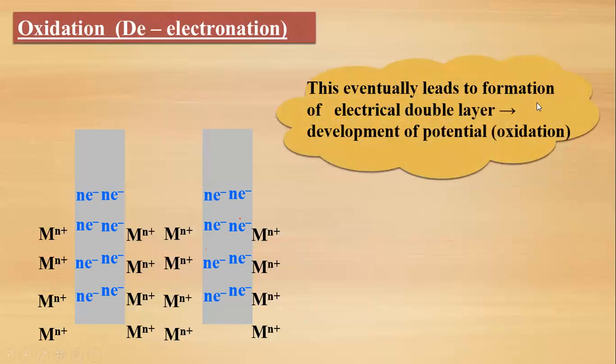This eventually leads to the formation of the electrical double layer, and the potential of oxidation develops. That's what is called what? Oxidation potential. Note down this part. Then you have to note down this part also.